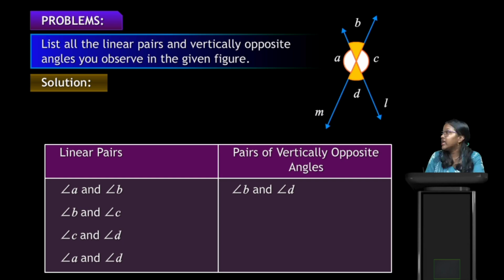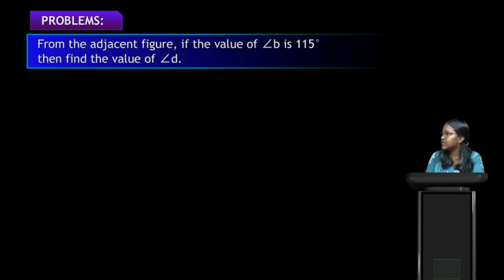AB forming straight line M. BC, BC forming which line? BC forming straight line L. Again, CD, CD forming which straight line? Straight line M. AD, AD forming which straight line? AD forming straight line L. Yes. Now vertically opposite angles. Angle B and D are vertically opposite. Again, angle A and C are vertically opposite.